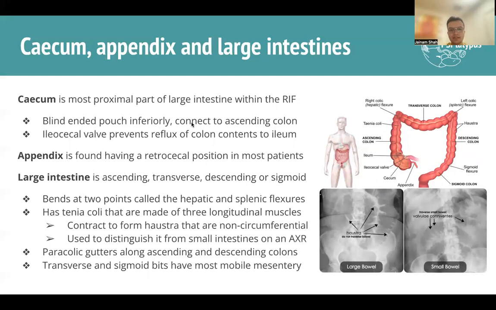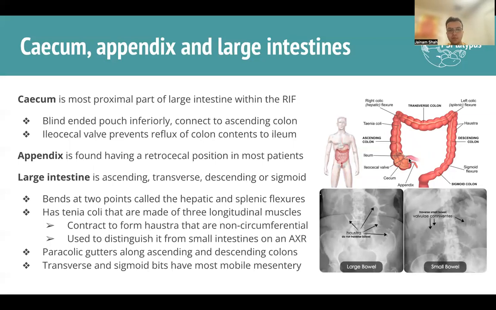The appendix is an interesting one. So the function of the appendix is not really well known. It might have an immunological role, but we're not really sure. The main thing to know anatomically here is that most patients would have a retrocecal positioning of the appendix, which means that it's kind of wrapped behind the cecum.